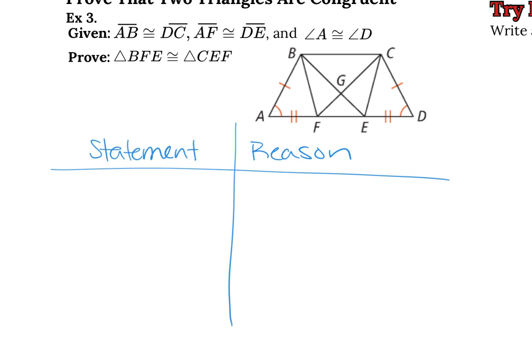Okay, so our first is going to be what we were given. We are given AB is congruent to DC, and all right, 2.